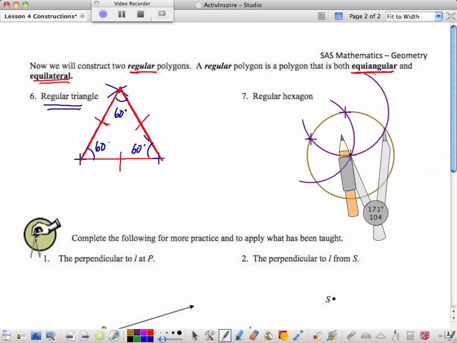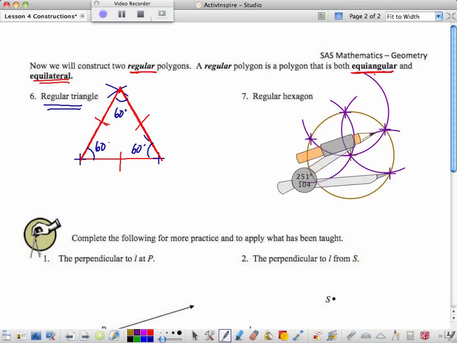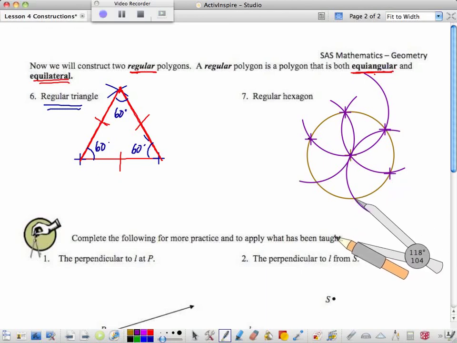And I'm going to keep doing it. So here's another one. I always have to make sure it intersects at two spots on the circumference. So one, two, and then actually you can stop here, but let's just make a pretty picture anyway.